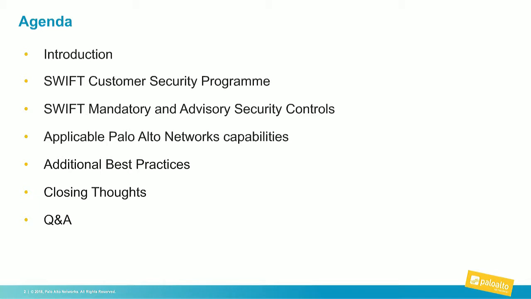Next, we'll talk through some of the Palo Alto Networks capabilities that will help address these various controls. We'll talk through some additional best practices that can also further improve your cyber hygiene. And with that, we'll summarize and wrap up and end with Q&A. And of course, feel free to type in questions in the question box as we go, and we'll get to the questions at the end.